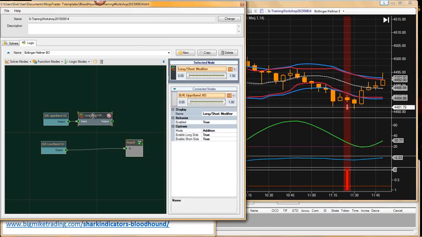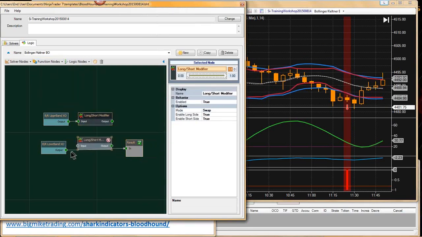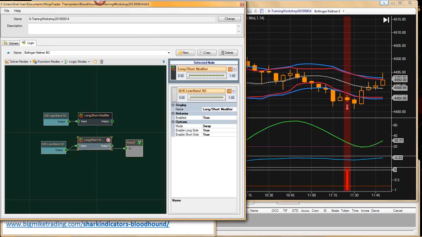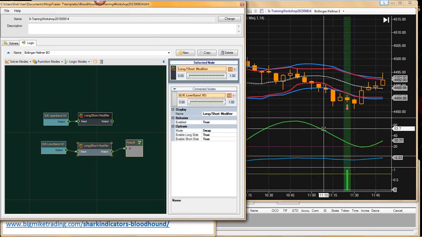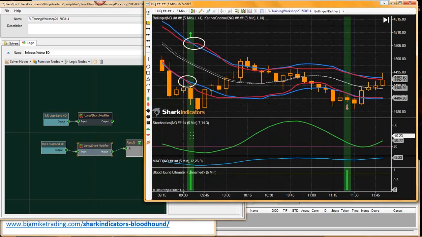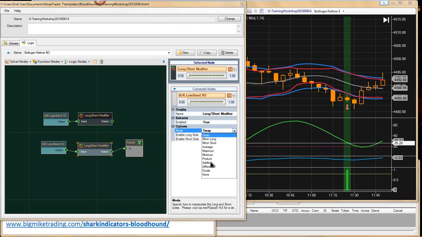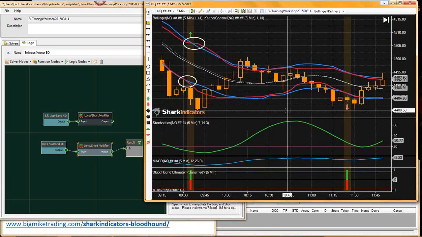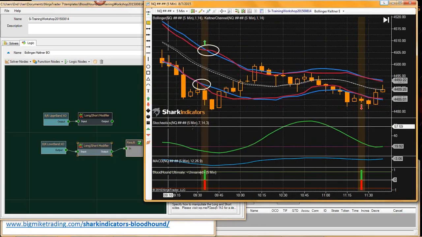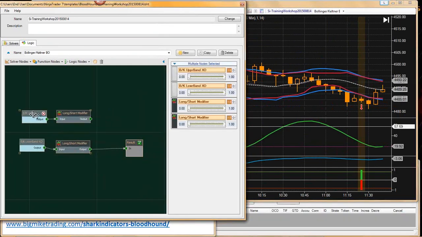And we'll grab another long-short modifier. Alright, so we want to get a long and a short signal here at the same time. So we're going to change our mode. Once again, change it to addition. And there we go. We get a long and a short together. Alright.